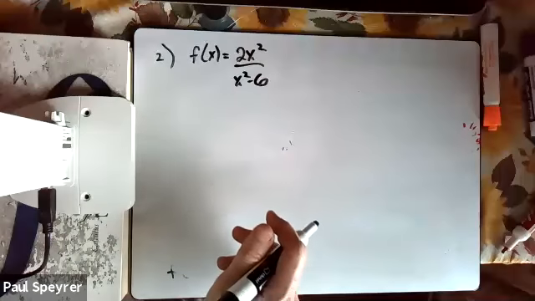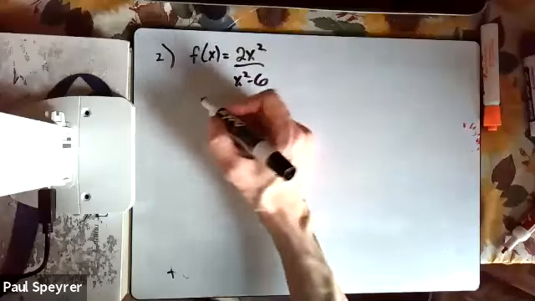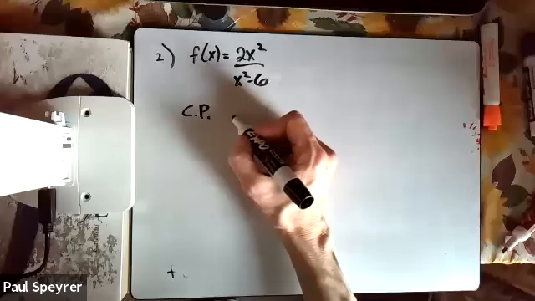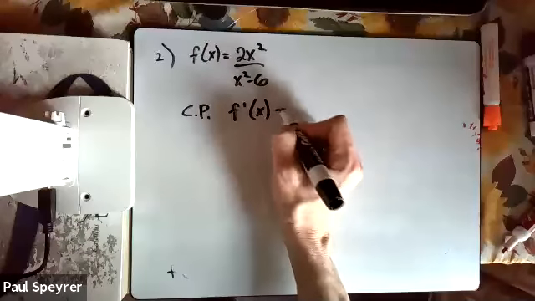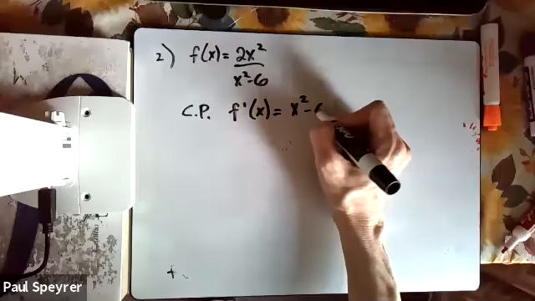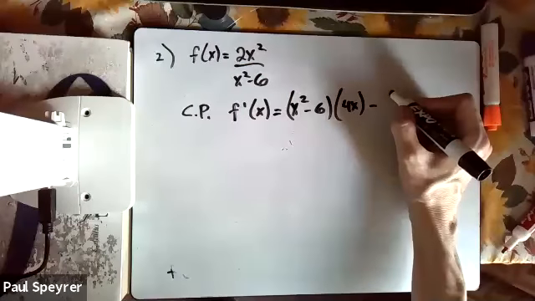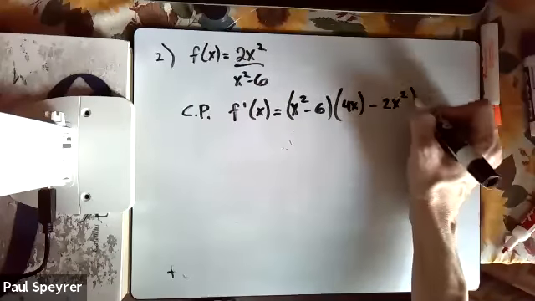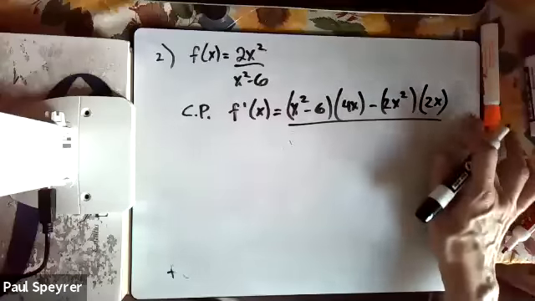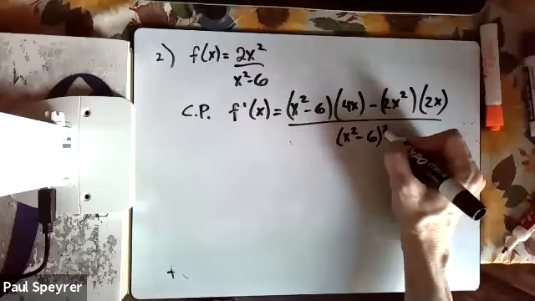So to find the critical points, what do we do first? You have to take the derivative, right? CP, got to take the derivative and set it to 0. So how are we going to take the derivative right here? Quotient rule. So g times f prime minus f times g prime, all over the denominator squared.